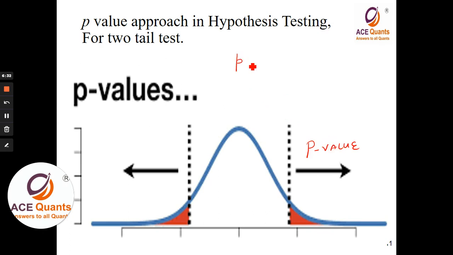And in case of two tails, the p-value has to be compared with alpha by 2, because on the right hand side we have alpha by 2, on the left hand side we have alpha by 2. So what we are going to do is, in case of a two-tailed test, we are going to multiply by 2 on both the sides, and ultimately we are going to compare 2p with alpha in case of two tails.